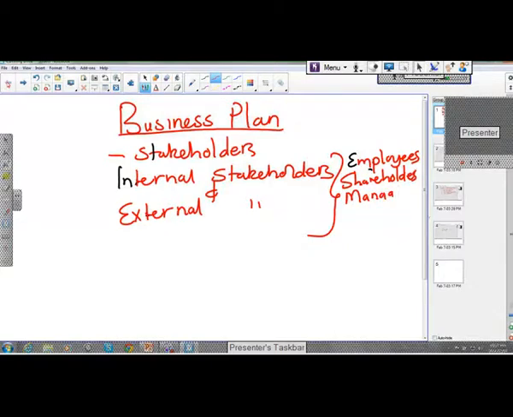Right? But external stakeholders would come here as customers, banks, and also the government.